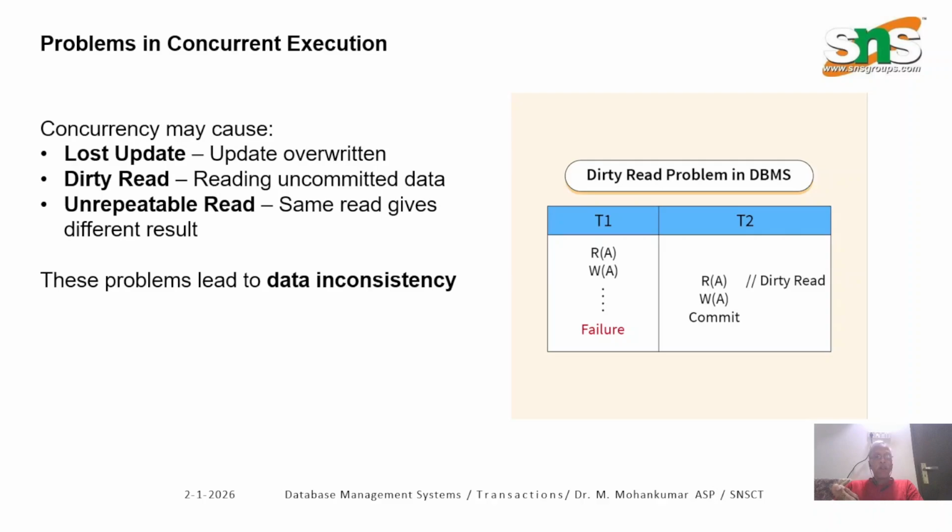A very important thing is that when we design a database, at that time we have to give importance to schedules and different types of scheduling processes. Then we have to give more importance to concurrency problems like last update, dirty read, and unrepeatable read. We have to avoid them, and we have to maintain a consistent database for the user. This is the important thing when we discuss the RDBMS.